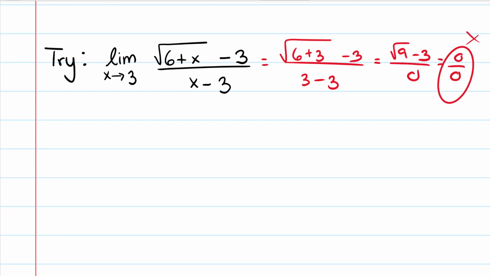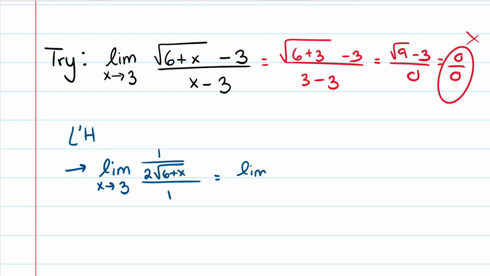So what we're going to do now is use L'Hopital's rule. We get that this is the limit as x approaches 3, and the derivative of the numerator is going to be 1 over 2 square root of 6 plus x. The derivative of 3 is 0, all divided by 1.